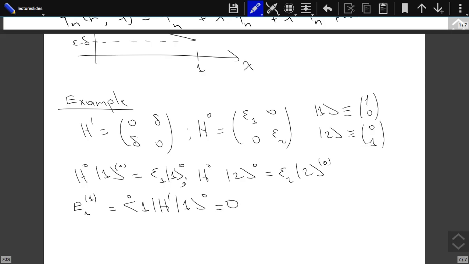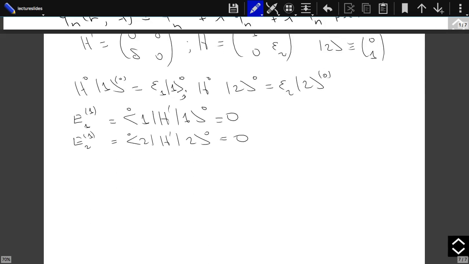This is 0. There is no first order correction. The first order correction to the energy of the second state is also 0. They are both 0. There is no first order correction to the energies.